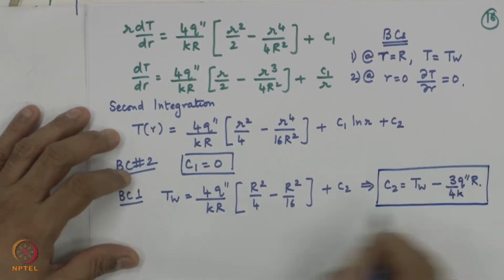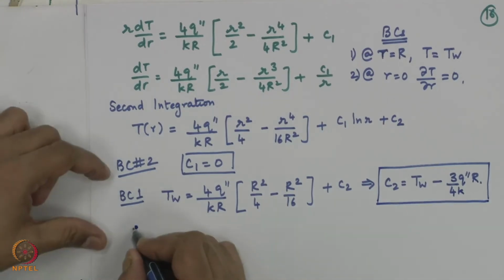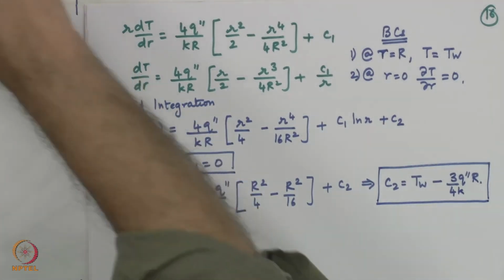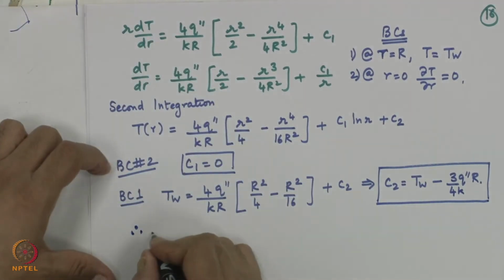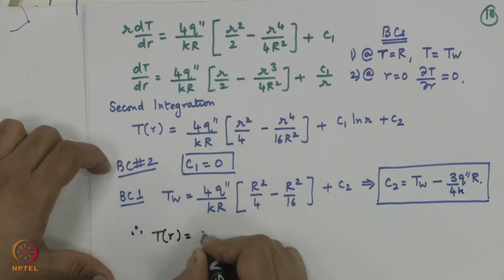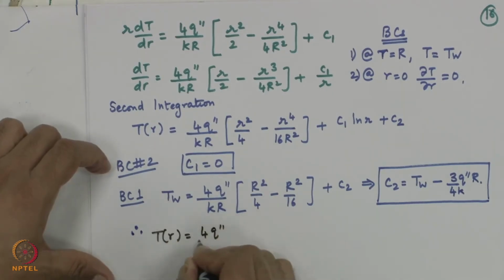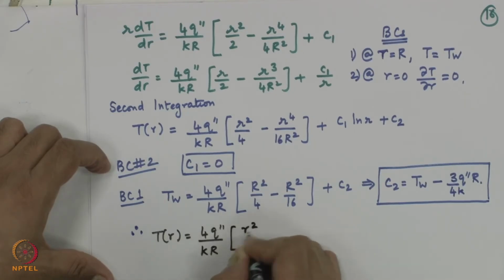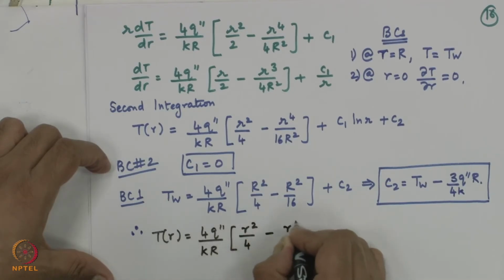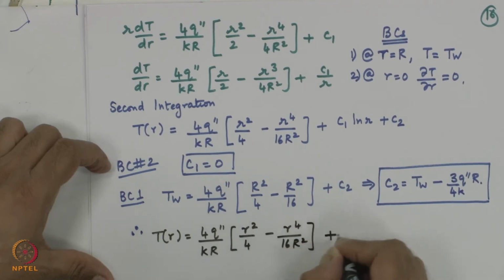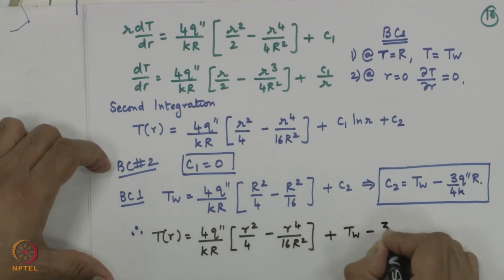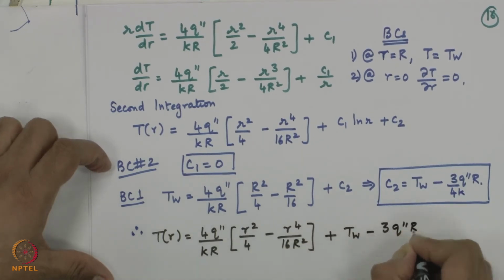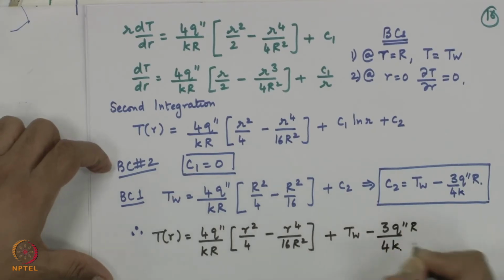So, I substitute for C2 and C1. Therefore, temperature distribution T of r is nothing but 4 q double prime by k capital R, r squared by 4 minus r to the power 4 by 16 capital R squared plus T wall minus 3 q double prime capital R by 4k.